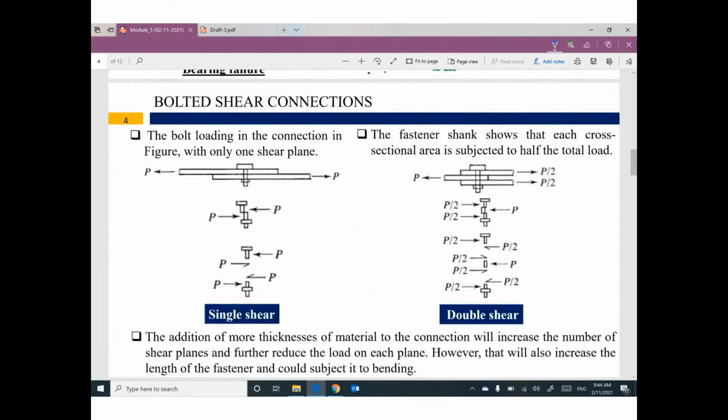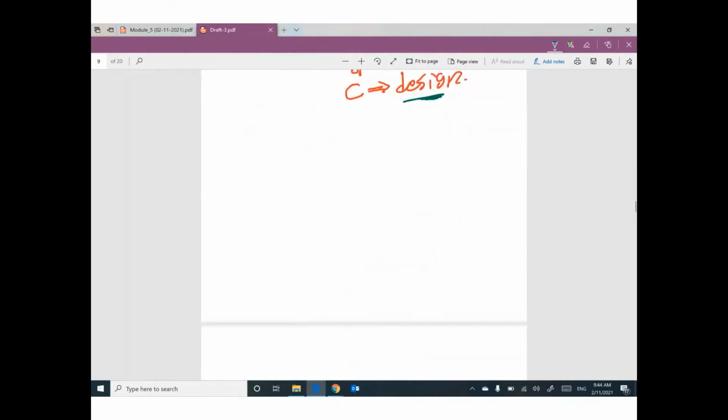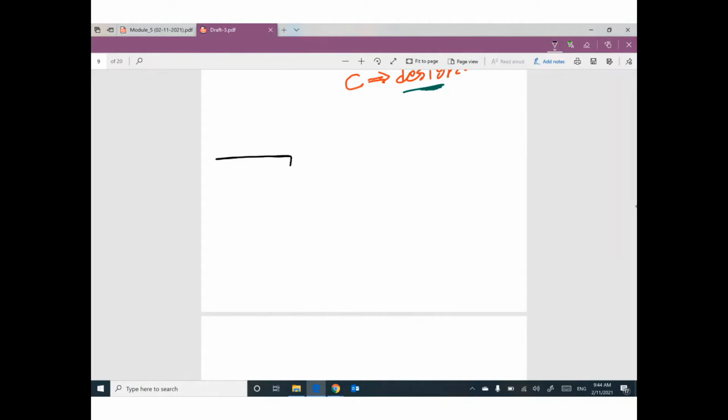For your information, I would like to explain it here in more detail. Guys, sometimes we have this plate and this plate connected to this plate. Does that make sense? Or this plate is connected to this plate. Only two plates connected together, or three plates connected together.